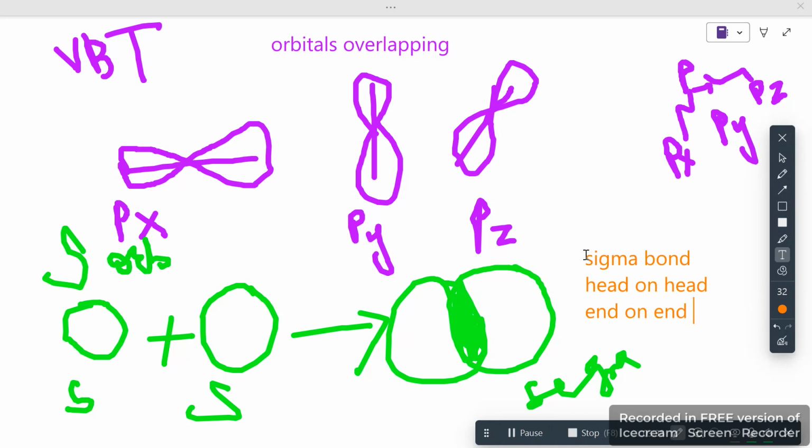These are the second or the third names of this overlapping. Okay, this was only about the overlapping of the s orbitals.